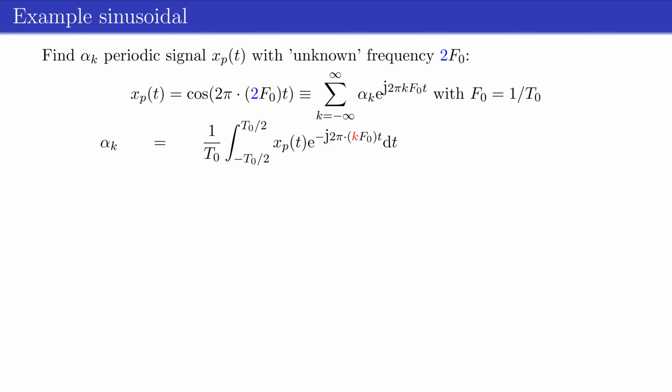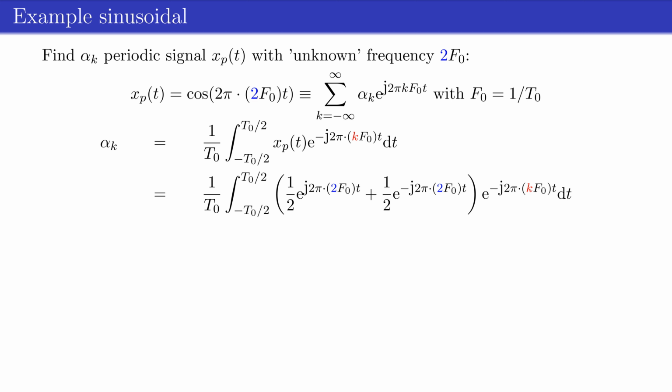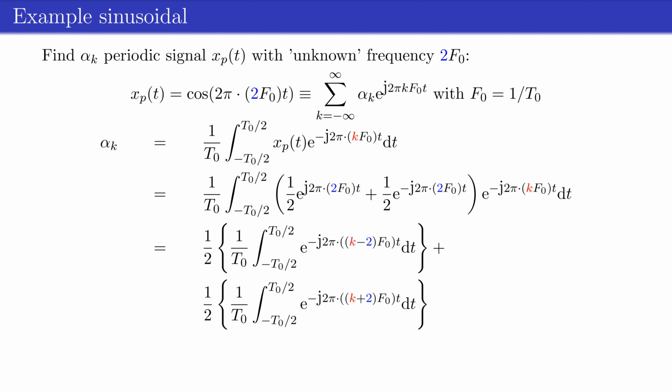Then, using the Fourier analysis equation and Euler to split the periodic signal xp of t into two phasor components, this results into two integrals which clearly represent the general phasor integral property. The first integral is 0 for all values of the index k except for k is 2, while the second integral is only non-zero for k is minus 2.